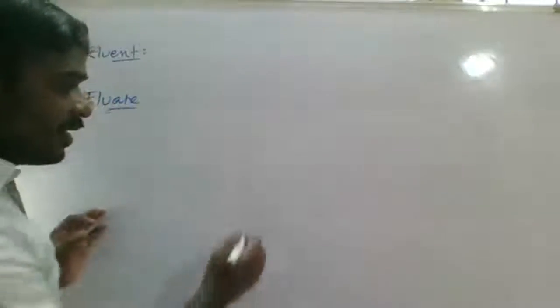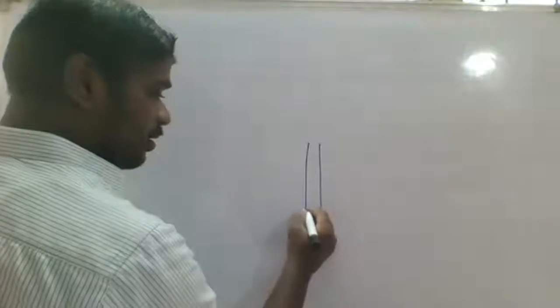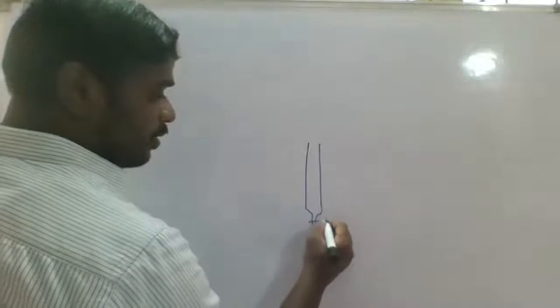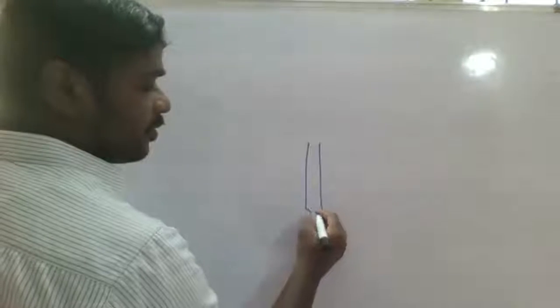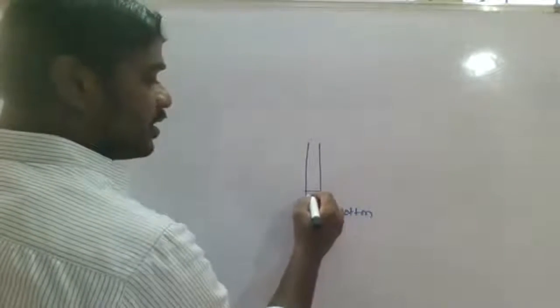For example, you take this column. Here there is a cotton, and this is a bed. The bed consists of silica gel.